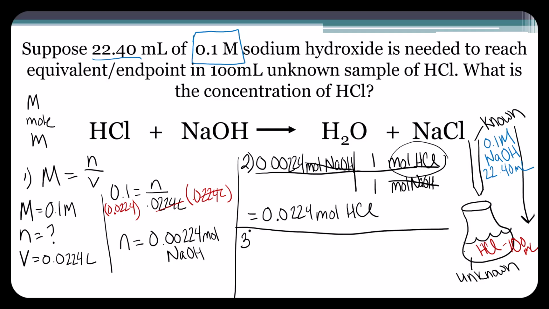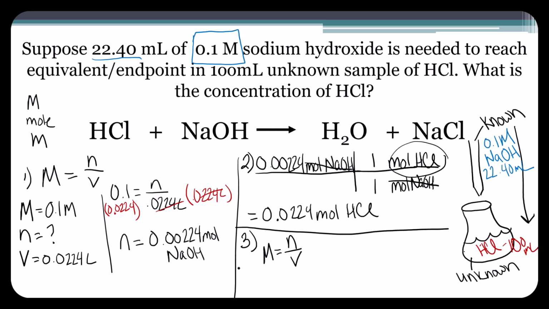Step number 3, molarity, moles, molarity. So we're going to go back to our molarity equation. But this time we've made our way down this picture. Now we're at the bottom. So molarity equation again, but now we're inputting values for our unknown.